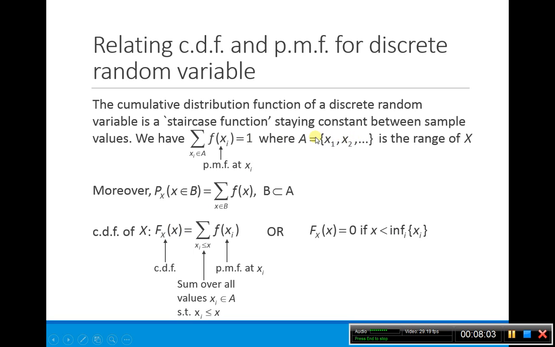Well, if we have a discrete range, then all we're doing is summing up these probability mass functions at x sub i for all x sub i that are less than or equal to the value we're looking at. So here we sum over all the x sub i such that they're less than or equal to x, and here's our probability mass function at x sub i.